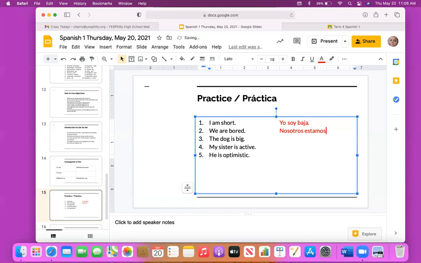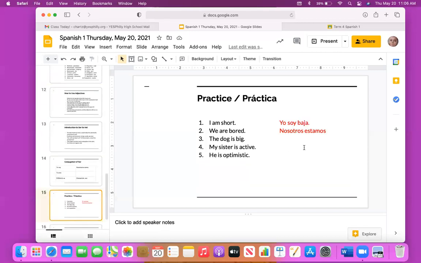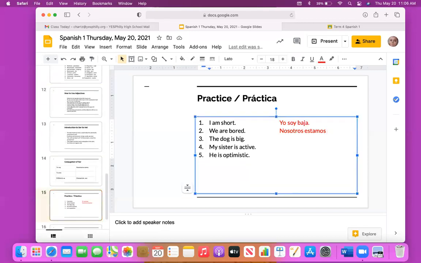So remember, the conjugation for we in Spanish is nosotros estamos. We are. And then we need the word for bored. And I have that in here. So aburrido or aburrida. So you would say nosotros estamos aburridos.